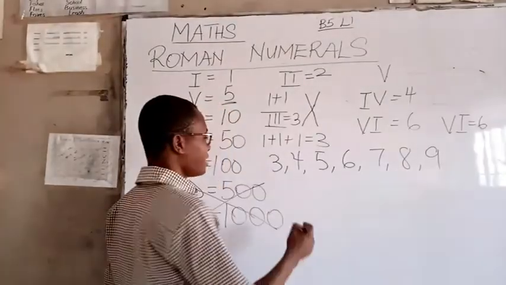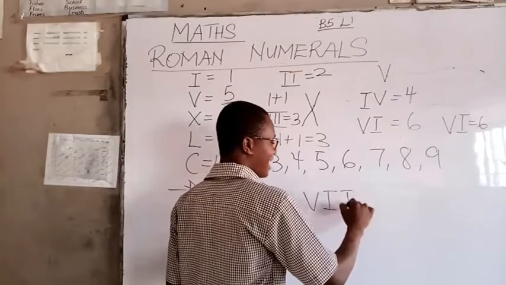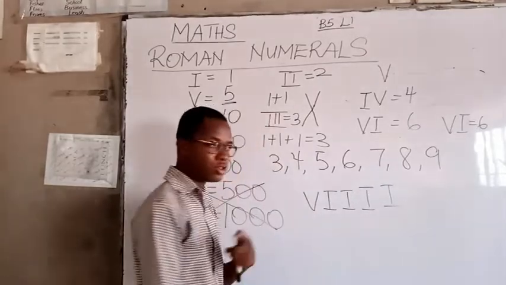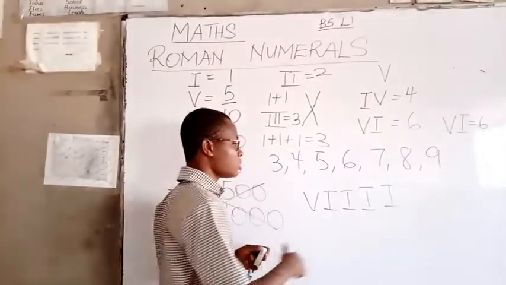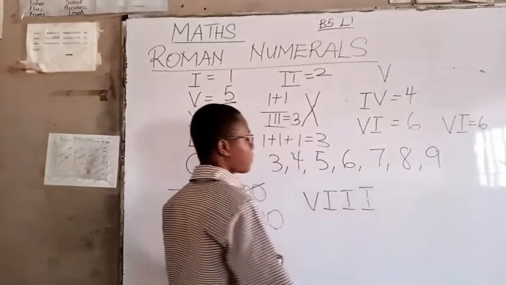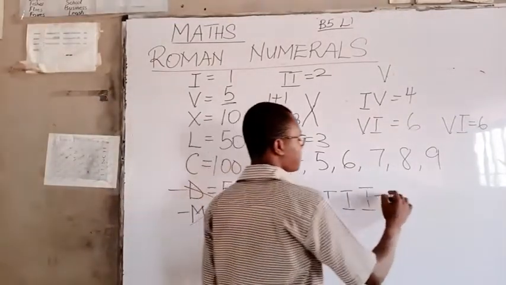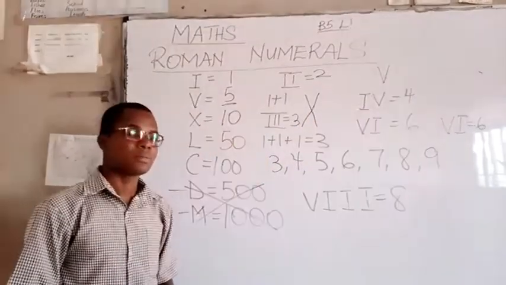9, you can't write VIIII. I told you we don't repeat more than 3 times. Very good. So it's not accepted here. So the highest you can write with this knowledge is 8.